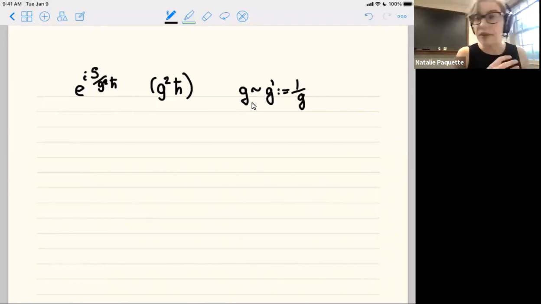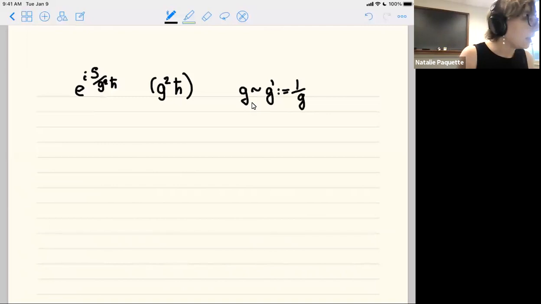But if I want to think about things in the h-bar language instead of the language of g, the coupling, then what I'm doing when I'm doing my duality is trading a description in which quantum fluctuations are becoming increasingly large for one in which quantum fluctuations are becoming increasingly suppressed. And so this is kind of like a Fourier transform, where something that's extremely well localized in position space is very spread out in momentum space, and vice versa.